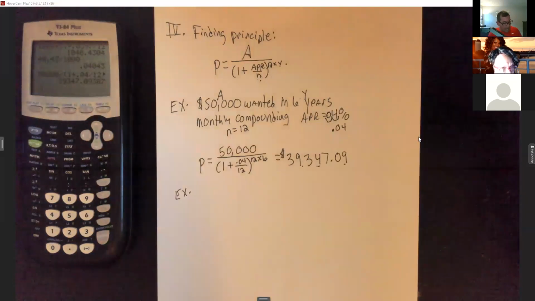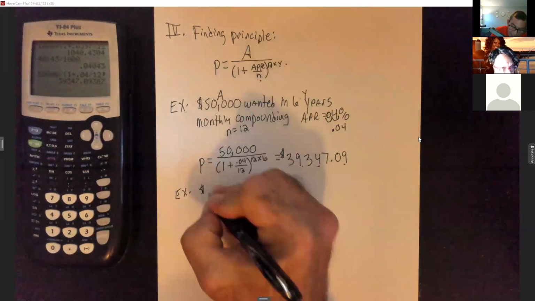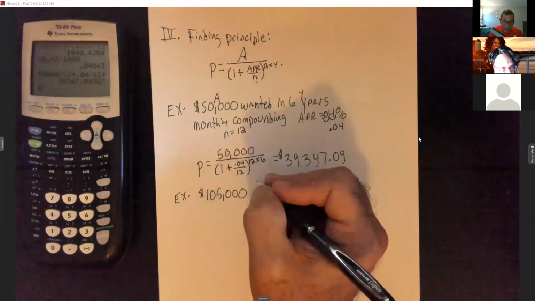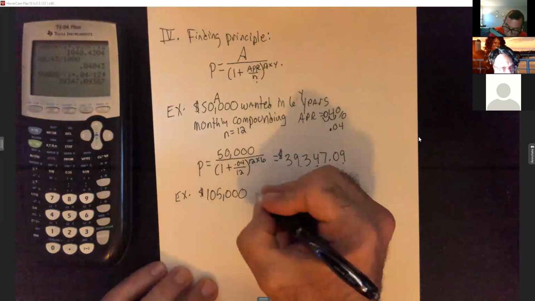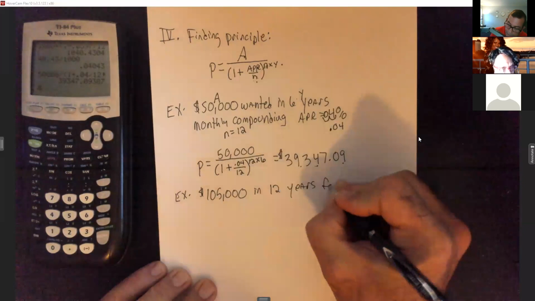All right, I'm gonna do my last one. This is about a college fund. So how much must be deposited today in order to have $105,000 in 12 years for a college fund?